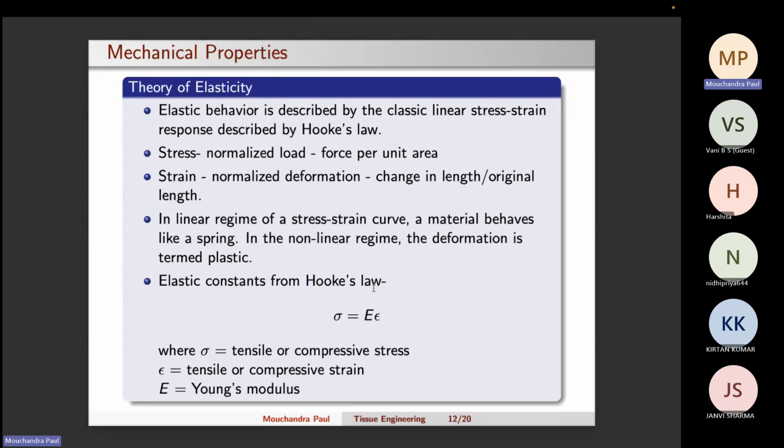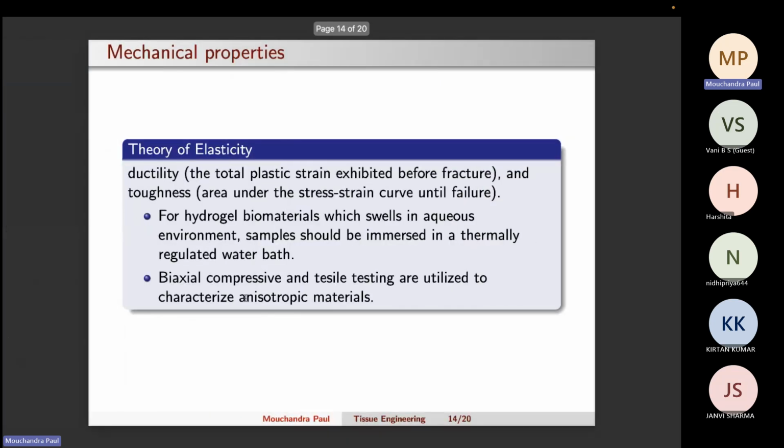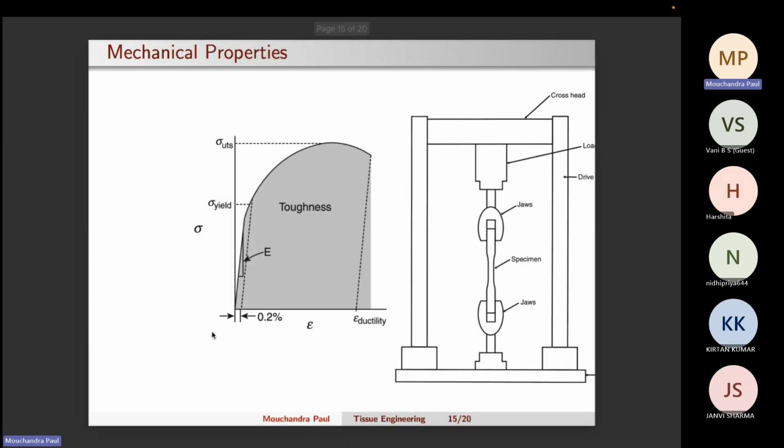Now from Hooke's law, I said stress is proportional to strain. So one proportionality constant will come. That constant is called Young's modulus, and it is given by E. So for a particular type of material, we measure the Young's modulus, and Young's modulus can be measured from the slope of this linear region.